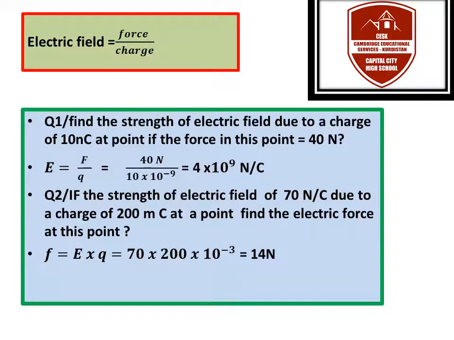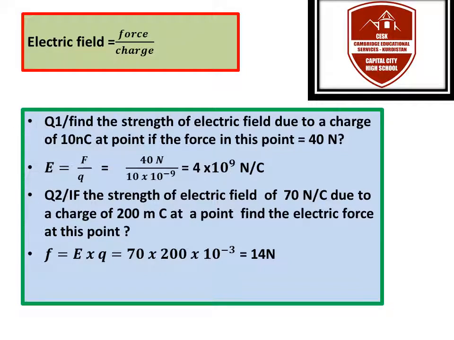So in this case, don't forget millicoulomb should be converted to coulomb, because coulomb is the international unit. If you have nanocoulomb, like the first question, you have to convert to coulomb. In this question, we have millicoulomb, which should be converted to coulomb also.